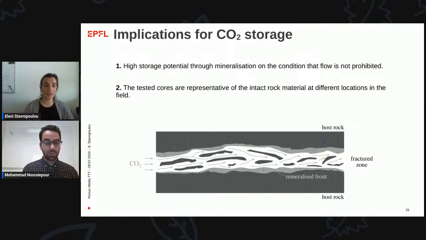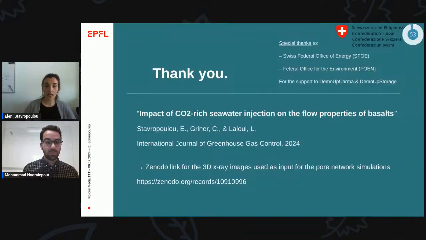And our contribution is this front here of the intact material that eventually will start mineralizing and create a mineralized front. This whole work has been very recently published. You can go and look for it.